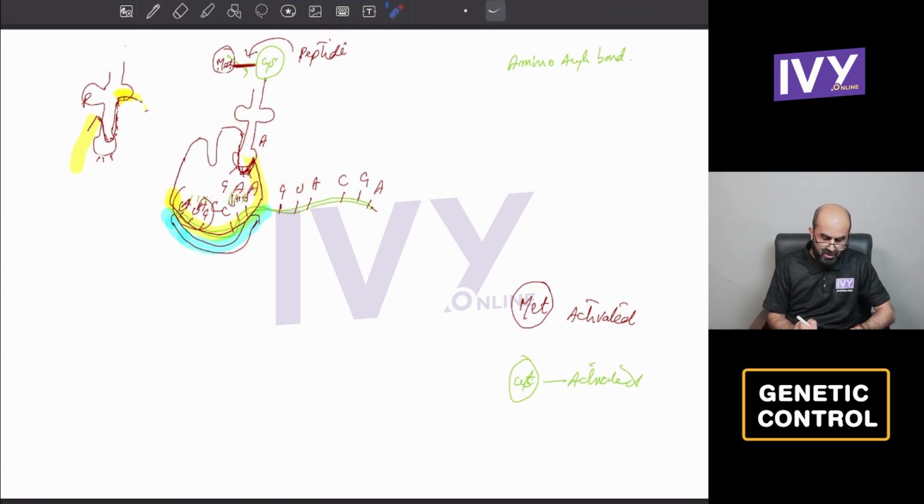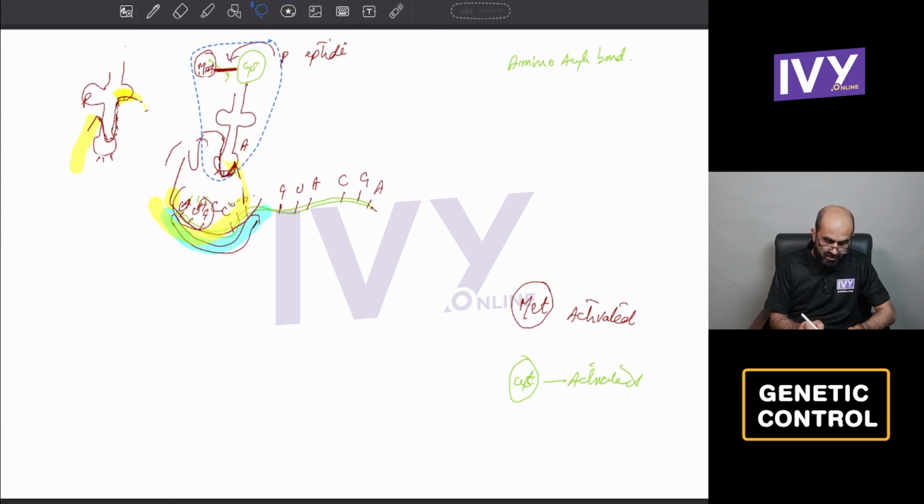It's moving forward. When it moves one step ahead, the bond between the tRNA anticodon and the messenger RNA codon at the A site will also be broken down, in this way, and the entire messenger RNA will be shifted from the A site toward the P site.